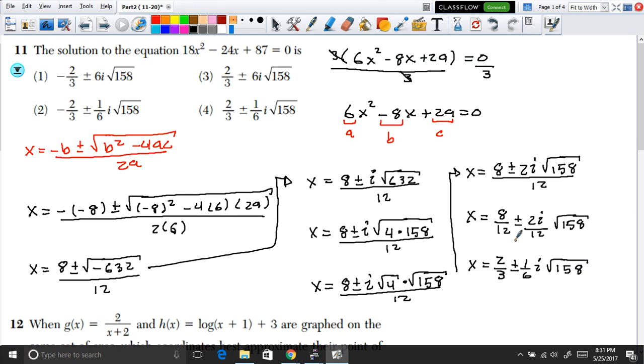And now if we look at this, we will see that we do have an option here, because this expression is the same as option 4.